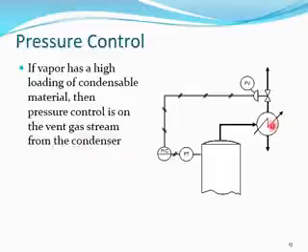We have here a condenser. Here the vapors condense. If we have a vessel with vapor in it, when the quantity of vapor goes up, the pressure goes up also.